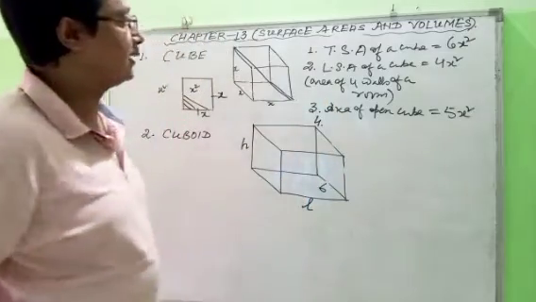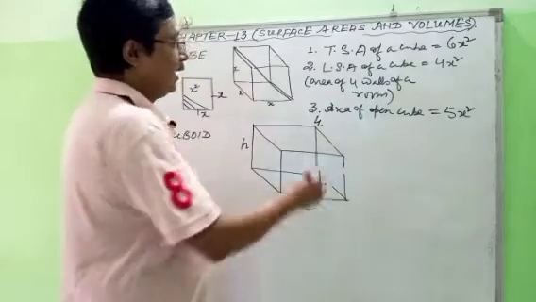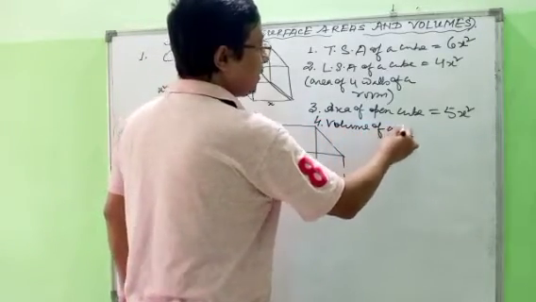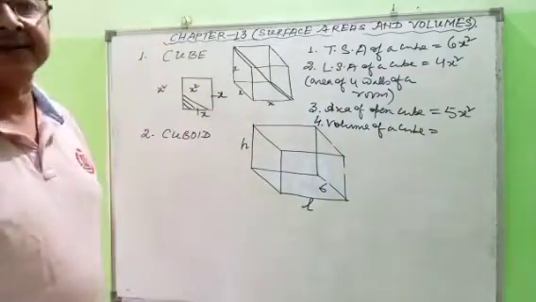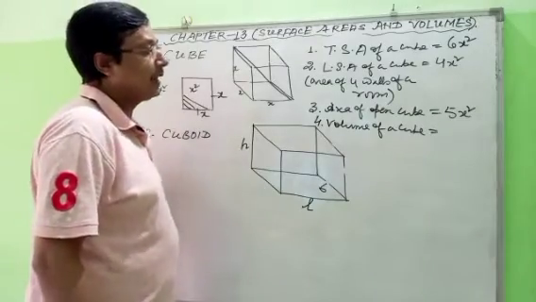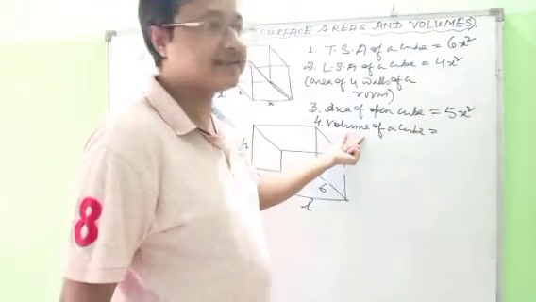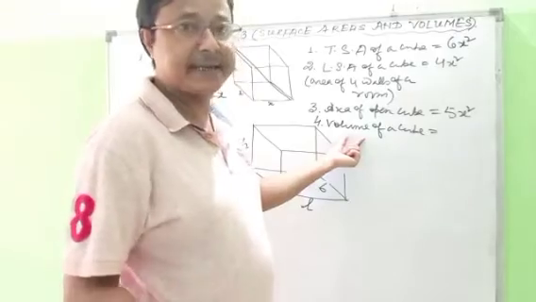let us count the volume also, because there is volume also. Now volume of a cube. Here the dimensions will be 3. To count the volume, that is the amount of space occupied by the container, how much space is there inside the container, maybe a room, maybe a can, anything.